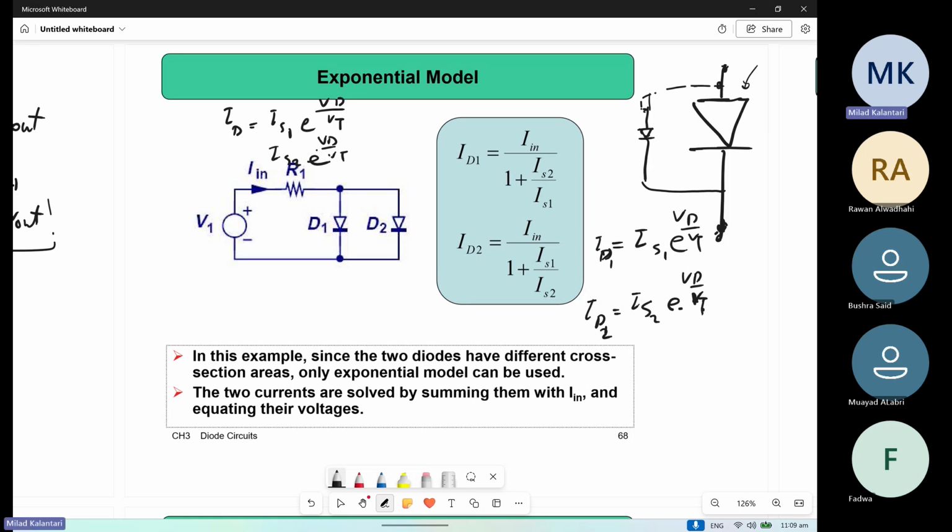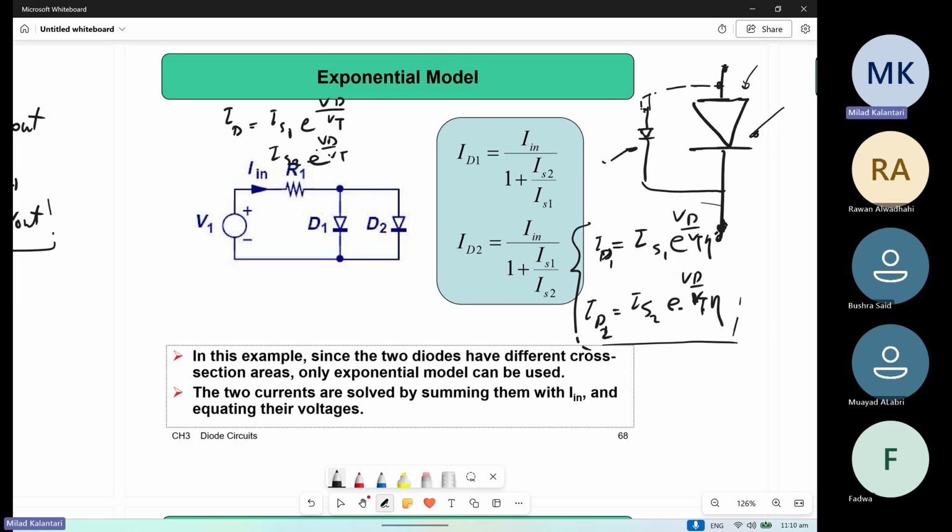In fact, in general, there is some eta factor over here. Let's say this diode is silicon, this one is another type, germanium. So the VD on voltages are different. Then in these cases, if you parallel these two, you need to go back to the real exponential equations to really understand how much current is passing through each diode.